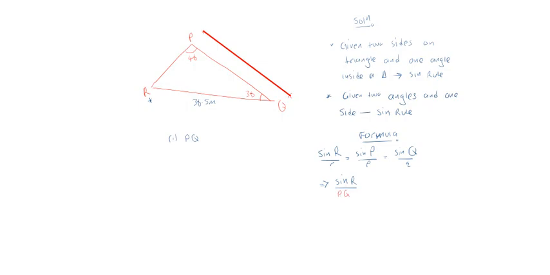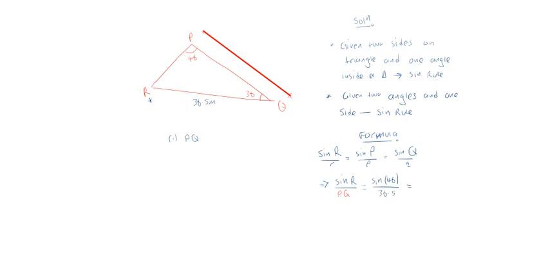Then it is equal to, we go to P. Do we have any angle on P? Yes, we have this angle 46 over the side opposite to it. What length are we given? We are given the length 36.5.